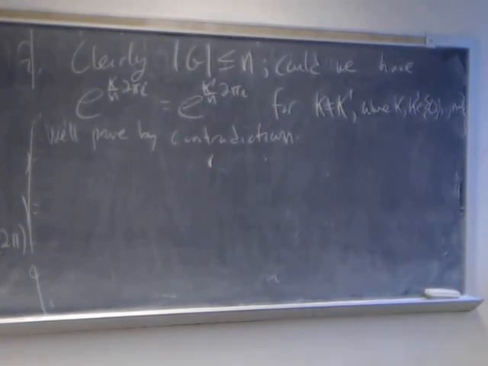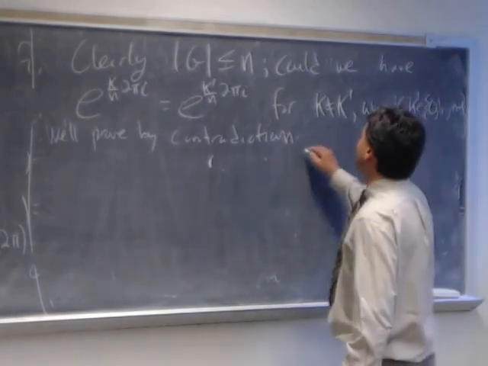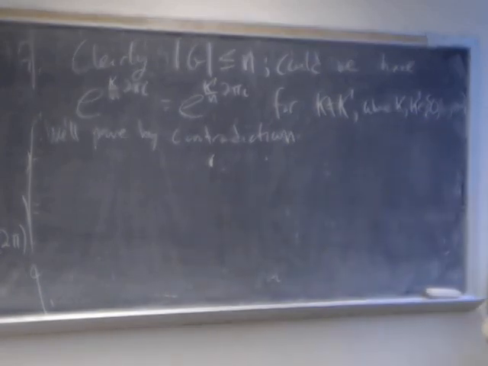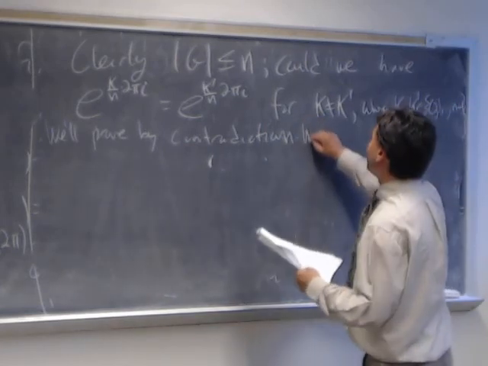So let's assume that, and let's try to derive a contradiction. What we do is, without loss of generality, if K is not equal to K prime, either K is greater than K prime, or K prime is greater than K. So what I'll do is the opposite of what I did in the notes.